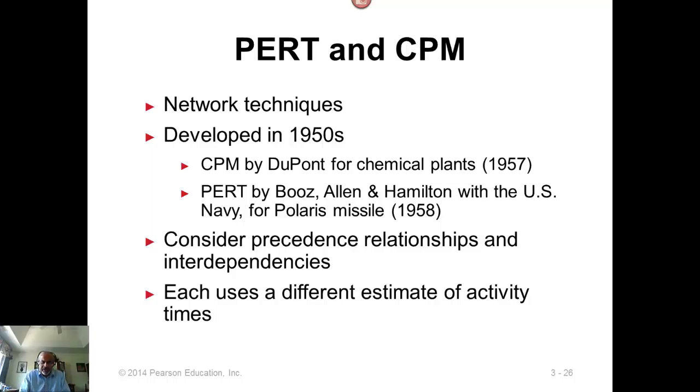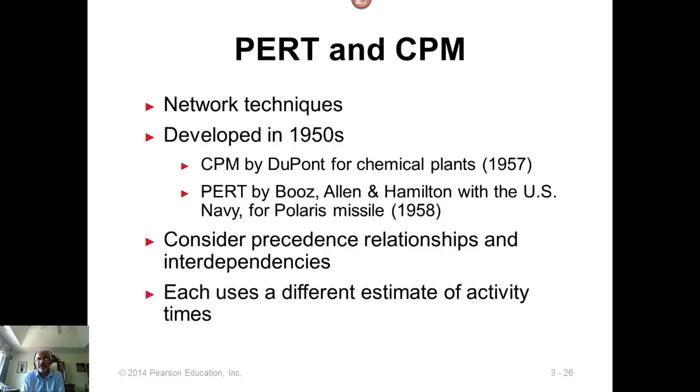Now, PERT and CPM both have commonalities up to a point, of developing the project planning itself. But after that, how you use the project plan that you've developed, that's where the difference is.